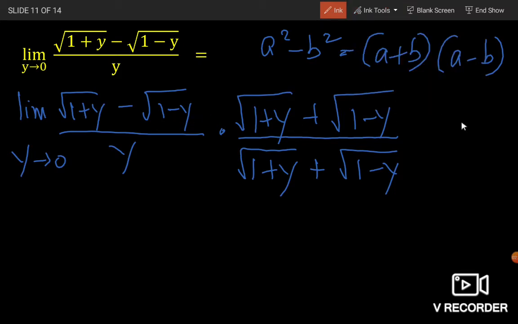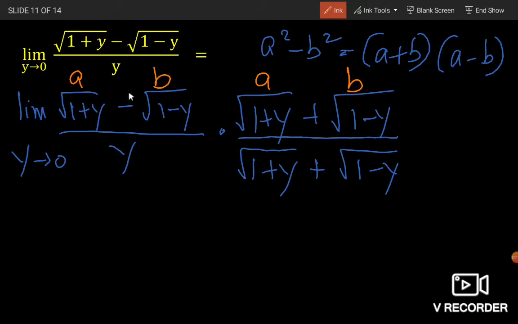We can treat square root of 1 plus y as a, and square root of 1 minus y as b. We can see here that the numerator is equivalent to a plus b.